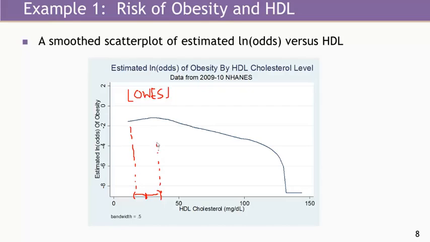And it gives a little more weight to the points that are closer to the value we're estimating than the points farther away. It computes that proportion, turns it into an odds, takes the log of it, and then plots that against that particular value of HDL cholesterol level. Then the window moves over a little bit to the next observed value and does the same thing. So this plots the log odds in small windows of HDL and connects them, and we can get a sense of what the shape of the relationship is like.